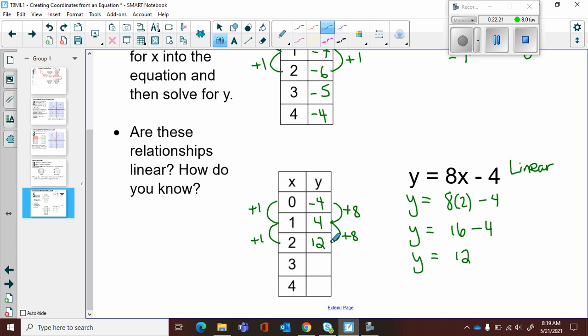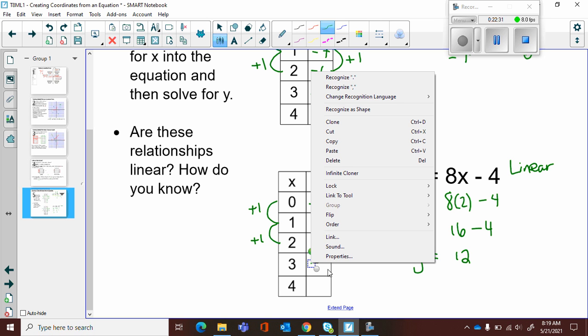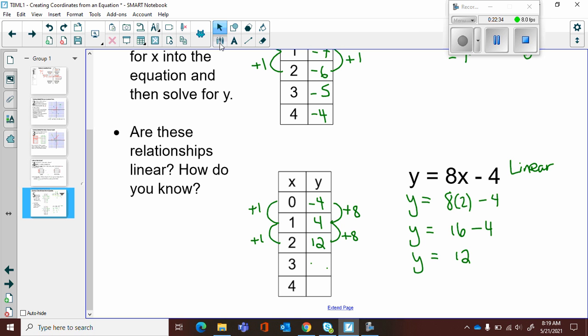So we could figure out what the next 2 points are, because x is still going up by 1 in each of these points. 12 plus 8 would be 20. And then 20 plus 8 would be 28. Of course, if you wanted to check that, you could substitute it in.